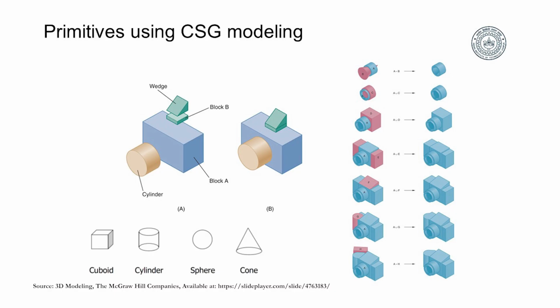From A we subtract B to get this, then we do a union with C to get this, then a union with D, this cuboid, and then a union with E to get this, then another union with F, another union with G to get this bit, and then we subtract H to get this final shape. That is what CSG does. Using these operations, you can get your final product. Everyone gets it?